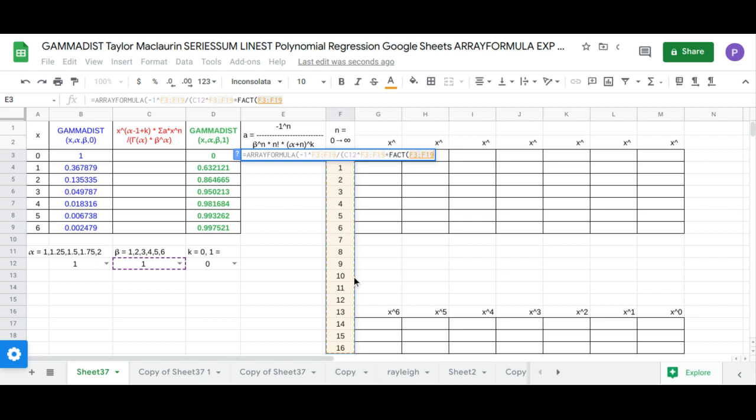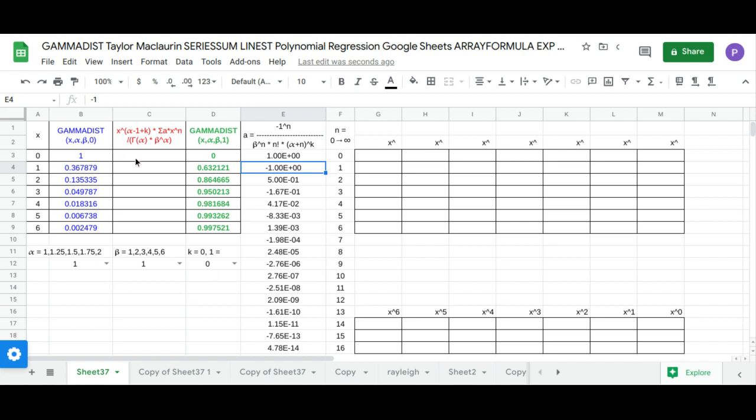And finally, the third part, times the quantity alpha plus n raised to the power k. And we'll close this.